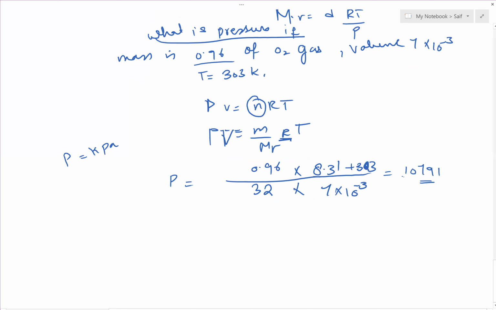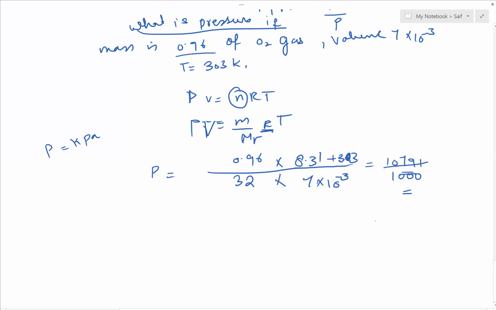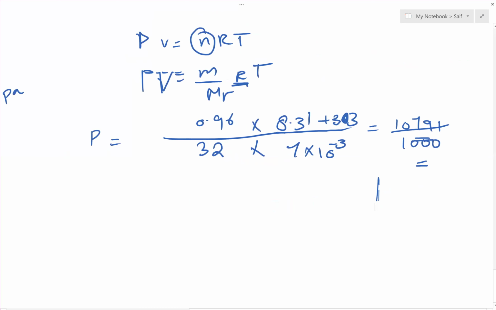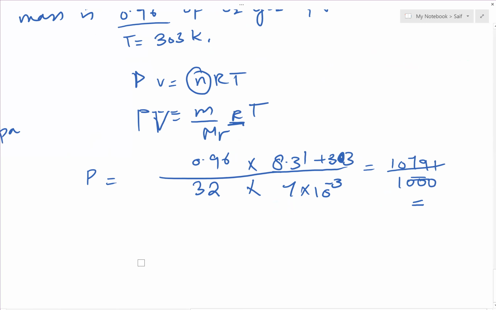So if you divide this by 1,000, what are you going to get then? 10.791. Okay, so this is how you are going to do it.